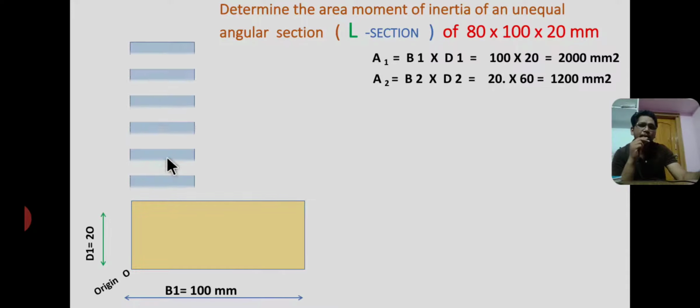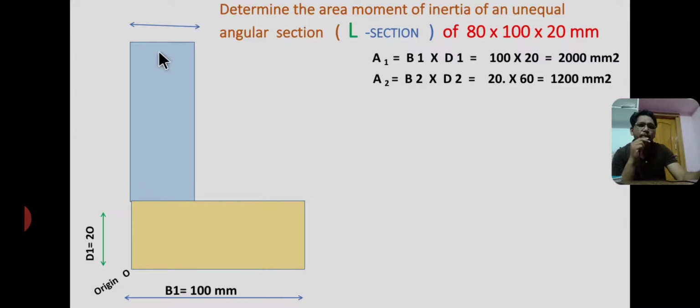Now the area of the second rectangle, that is the vertical rectangle, A2 equal to base b2 into height d2, that is 20 into 60 equal to 1200 mm square. So A2 is the area of the vertical rectangle.